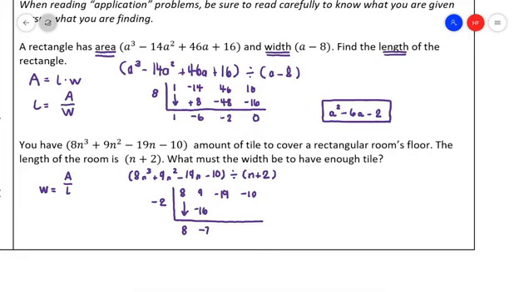Negative 2 times negative 7 is positive 14. Negative 19 plus 14 is negative 5. Negative 2 times negative 5 is positive 10. Negative 10 plus 10 is 0. So the width would have to be this entire polynomial, which would be 8n squared minus 7n minus 5.